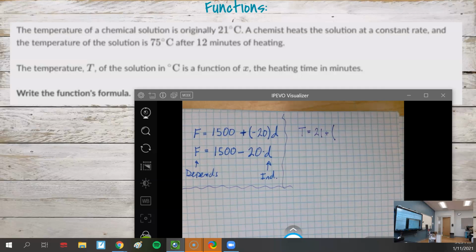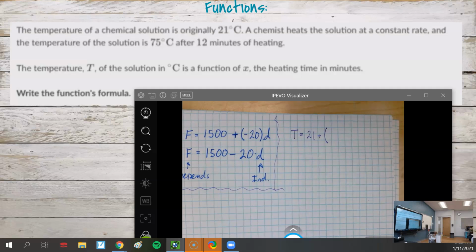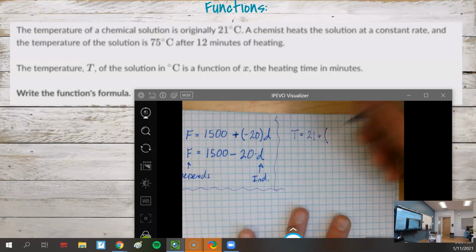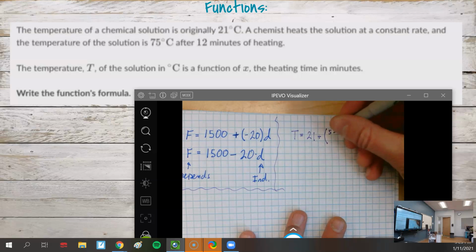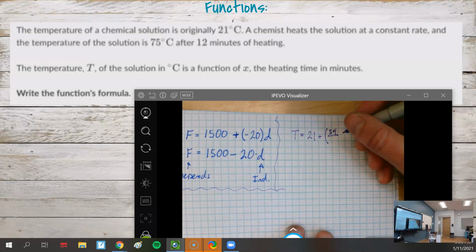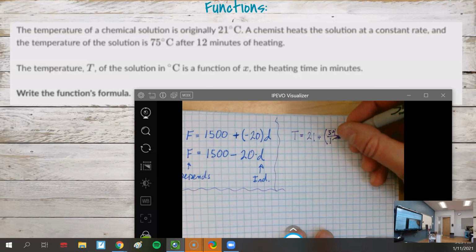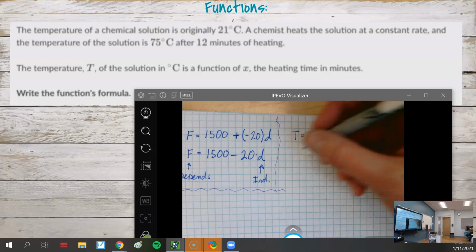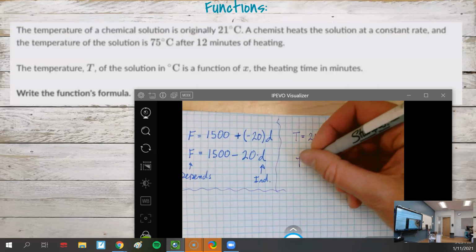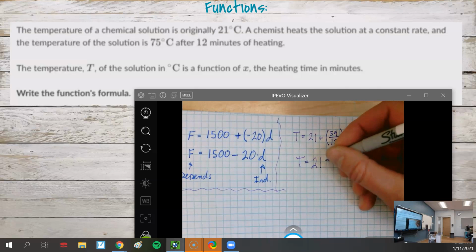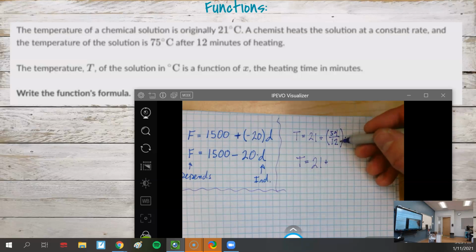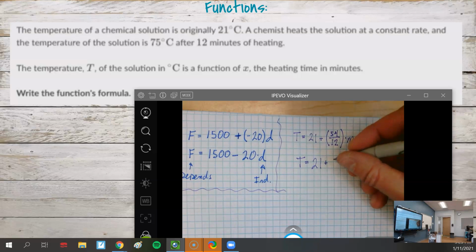Meaning the change in the temperature, 54. 54 over 12 minutes. So the rate that they are heating the solution at is whatever that division simplifies to. 4.5.